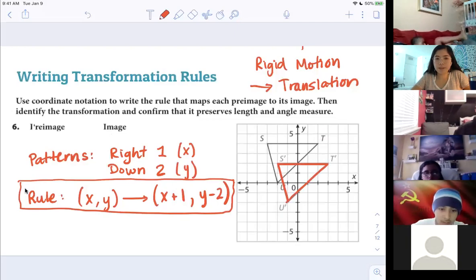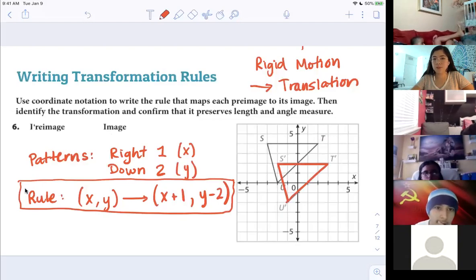If you're confused about something, ask a question, because I'm not going to know you're confused unless you ask. I'm going to assume we all know this perfectly, and I'm going to move on.